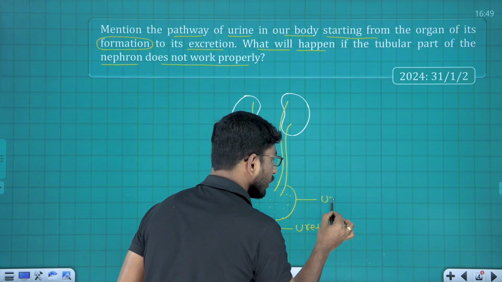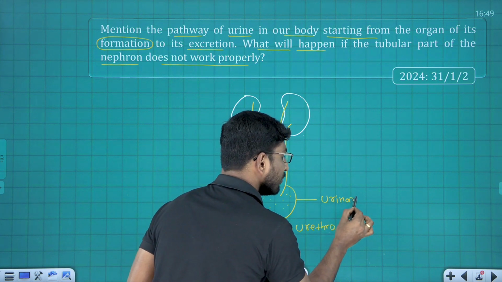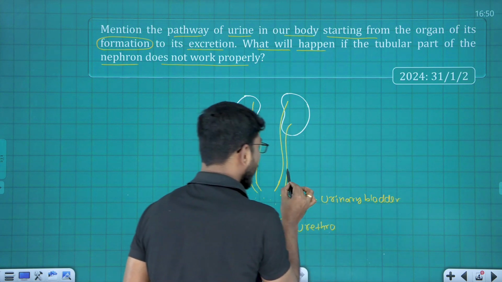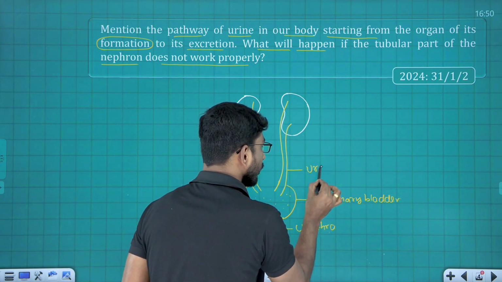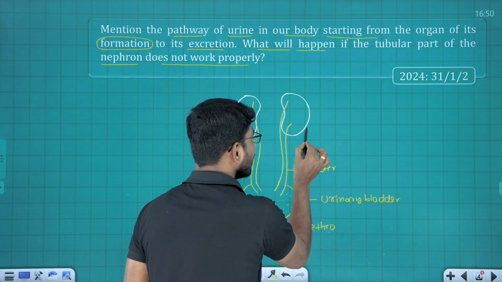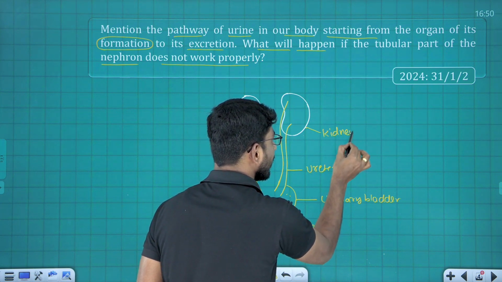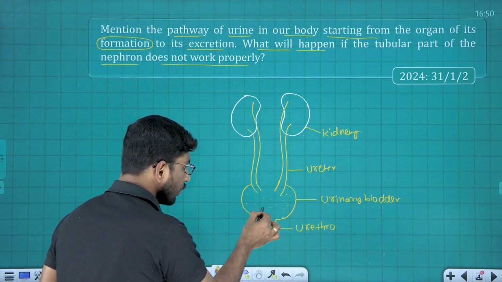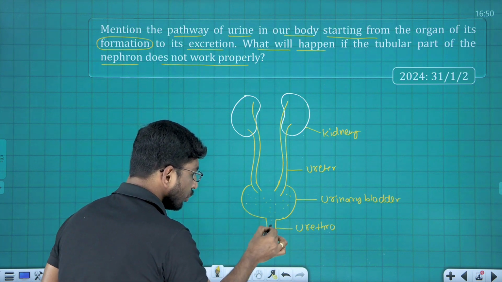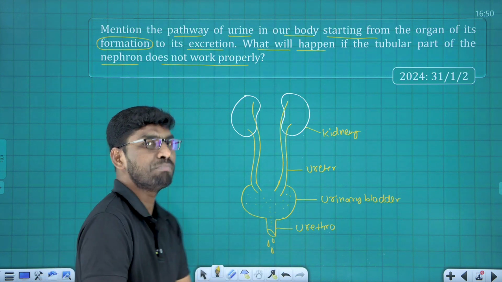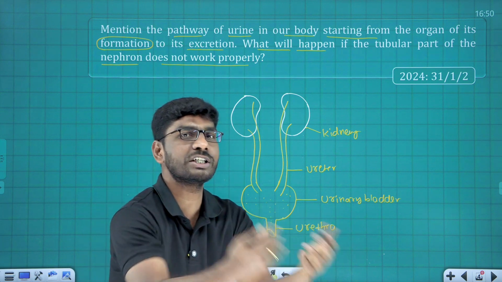This is called urinary bladder, and these are ureters. Okay, and this is what, tell me, exactly where urine formation takes place. So kidney, remember all of it. Now urine is sent out through this urethra. This is called micturition or urination process.